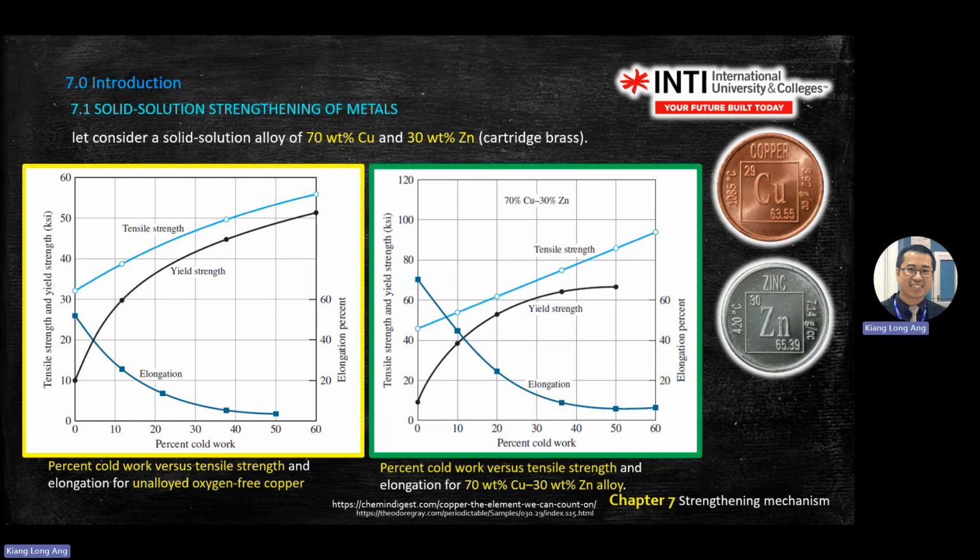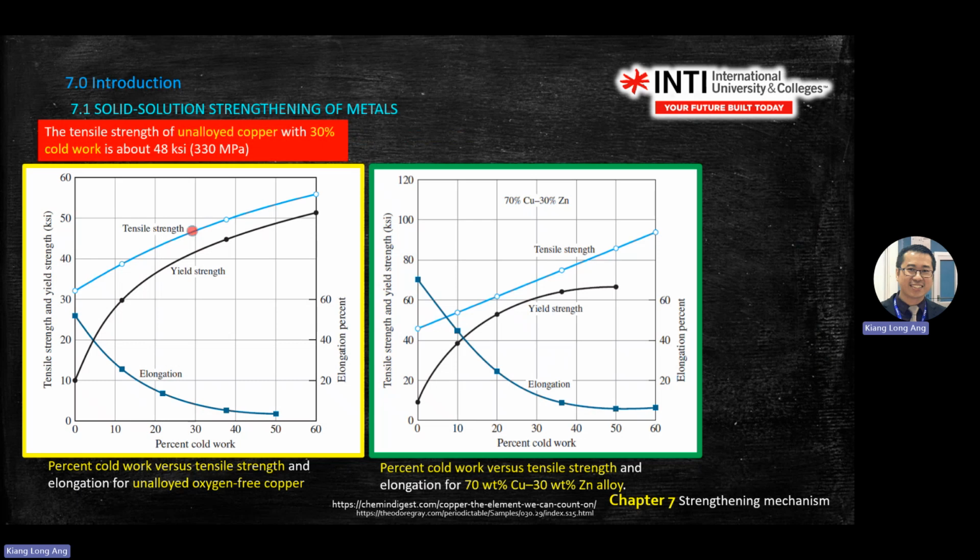And the percentage of cold work, you will flatten the curve. The rest you compare side by side. All right, so this one you read.